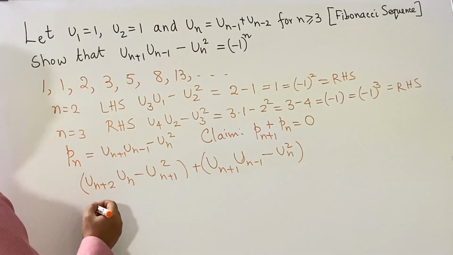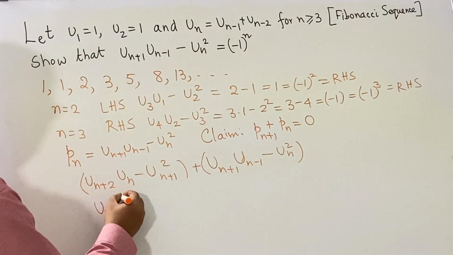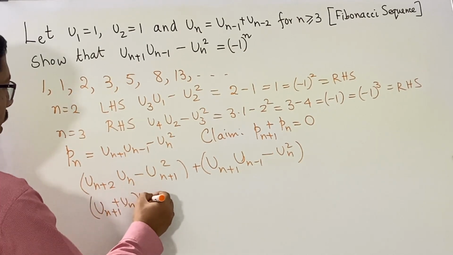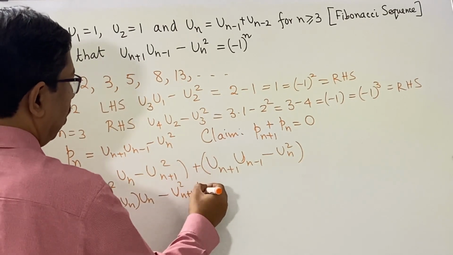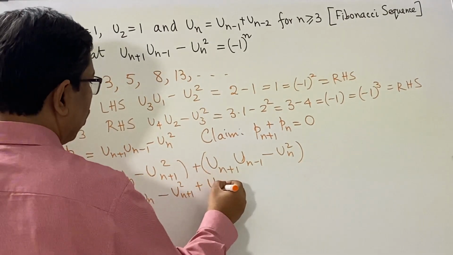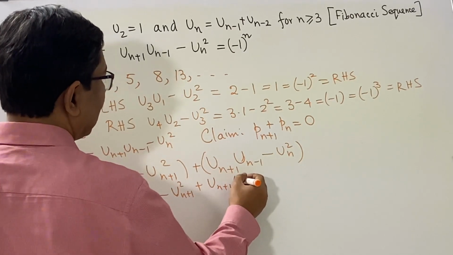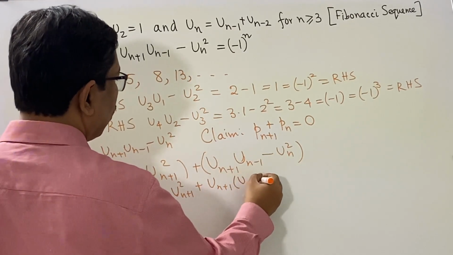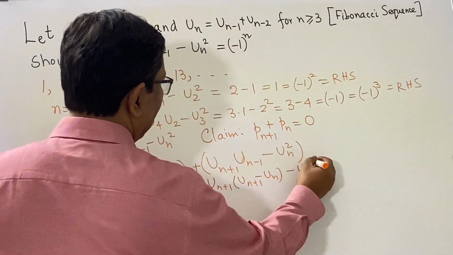Now, we write u_{n+2} as u_{n+1} plus u_n, into u_n minus u_{n+1} squared, plus u_{n+1} into u_{n-1}, and we write u_{n-1} as u_{n+1} minus u_n, and we subtract u_n.